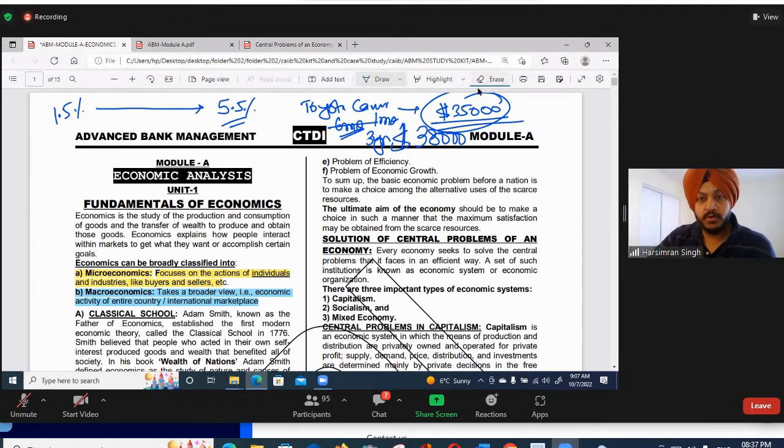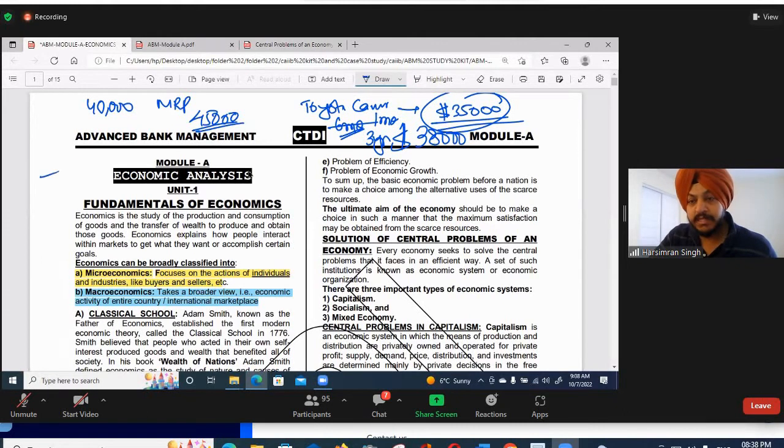If you went to buy a new car, the dealer was doing black marketing right in your face, legal black marketing. Dealer was openly saying that because there is a shortage of cars, a new car which is worth $40,000, where the MRP is $40,000, I am selling at $45,000. You want to buy? Give me the money, else that is the door, please get out.